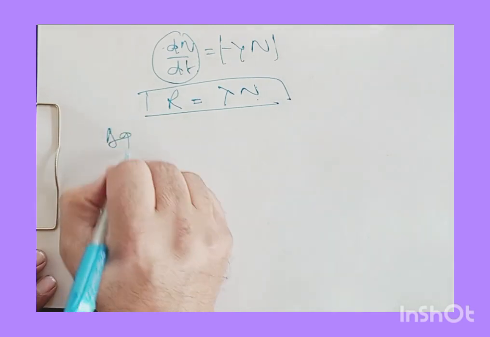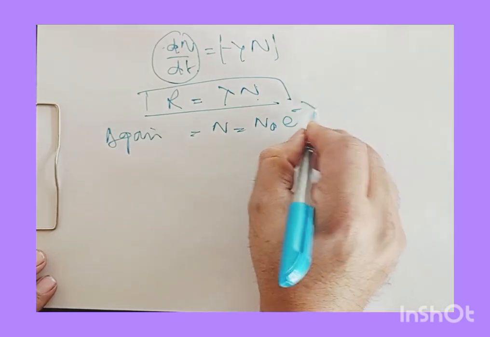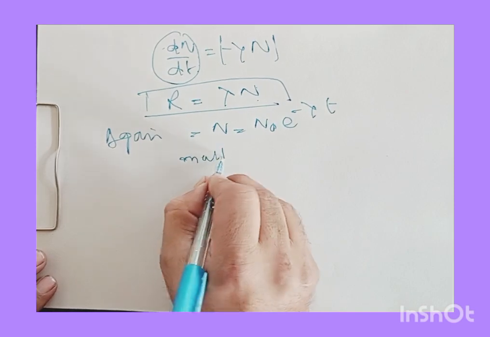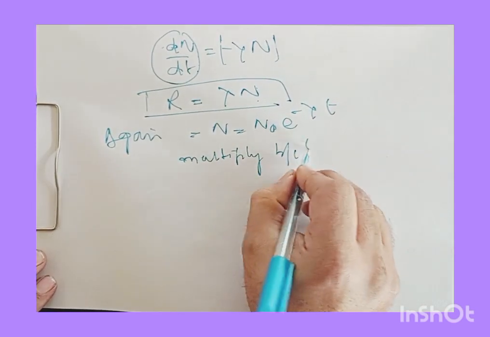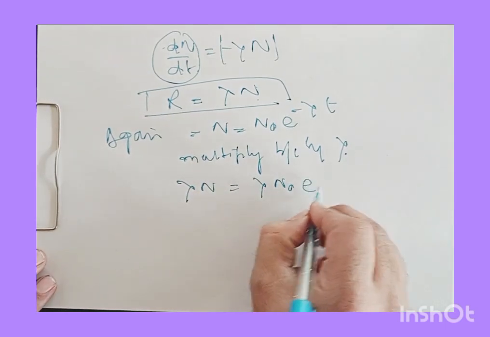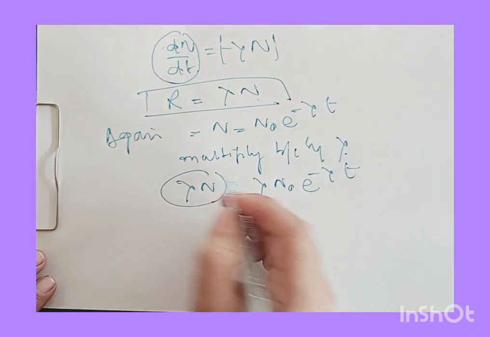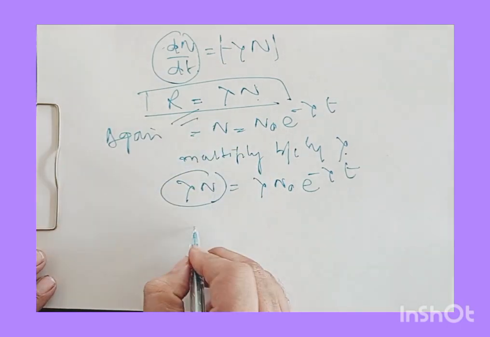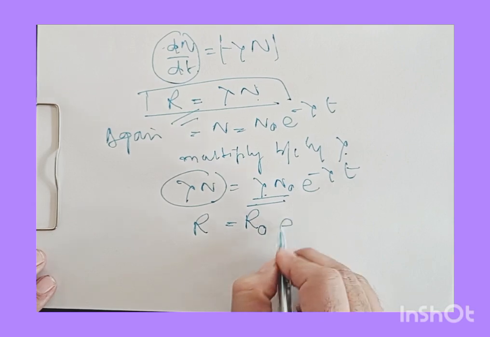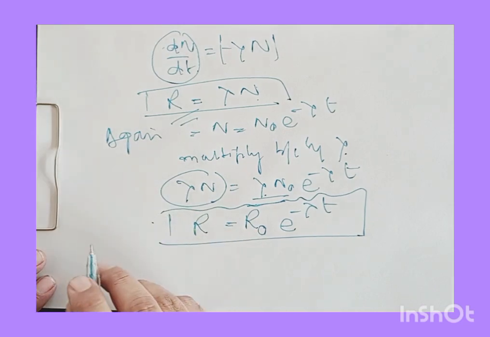Again, if I go back to the decay law, n equals n naught e to the power of minus lambda t, and multiply both sides by lambda, it gives me lambda n equals lambda n naught e to the power of minus lambda t. For lambda n, I have activity, so I can write R for it, and instead of lambda n naught, I can write R naught e to the power of minus lambda t. So this gives me the decay law in terms of activity.